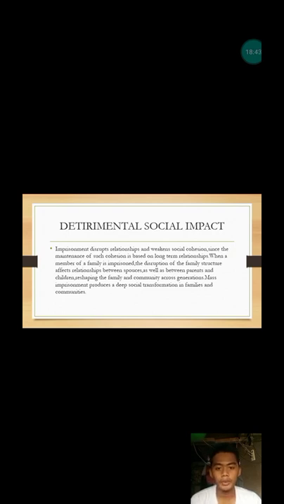Mass imprisonment produces a deep social transformation in families and communities. So it means that when a member of a family is imprisoned, it affects the relationships within their family, especially between the spouses and the parents and children, because it will reshape the family across generations.